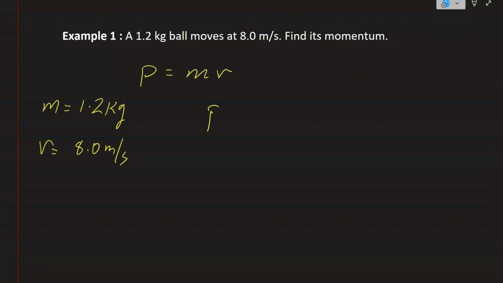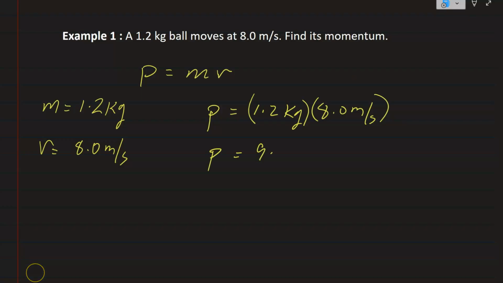Plug the numbers in, so the momentum is 1.2 kg times 8.0 meters per second, which is 9.6 kilogram meters per second. That is the momentum of this object.